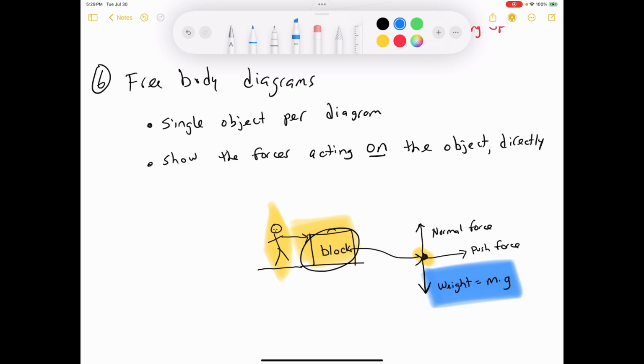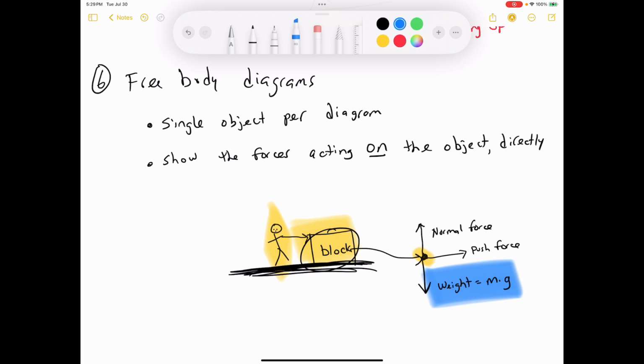But then there is a table, or some sort of surface the block is on, and so there's another force, which is a normal force, acting upon this block. So this block has gravity pulling it down, and the normal force is pushing up.